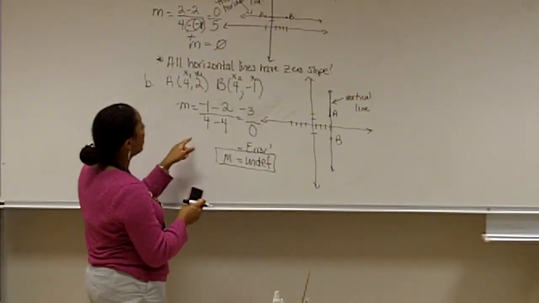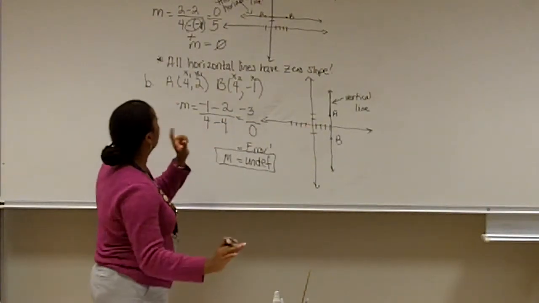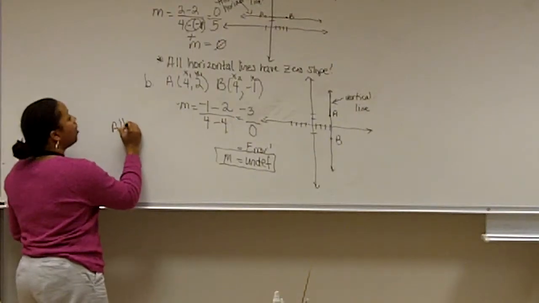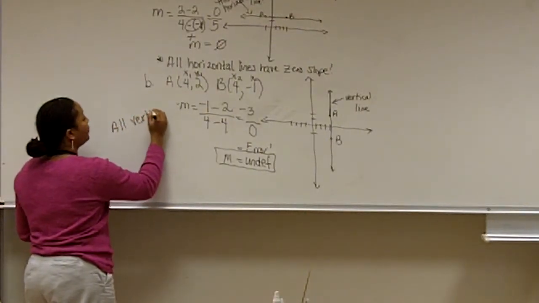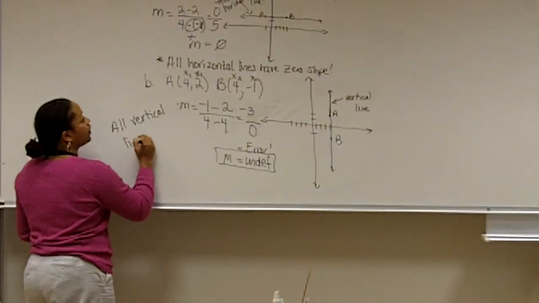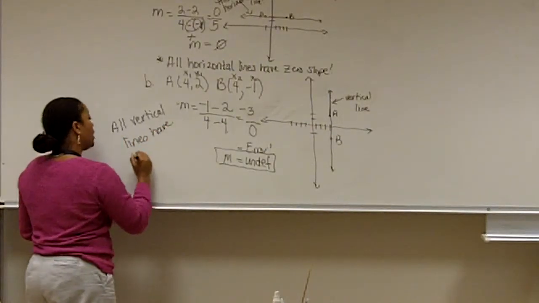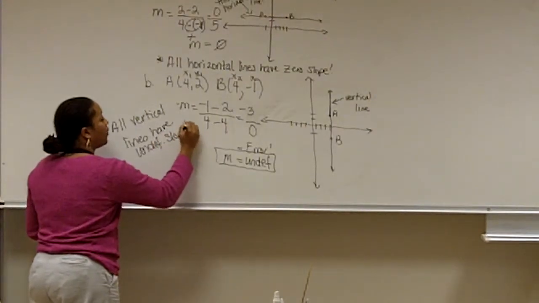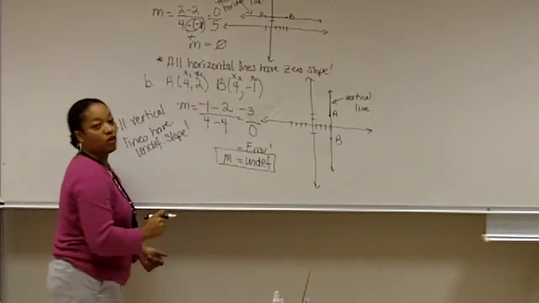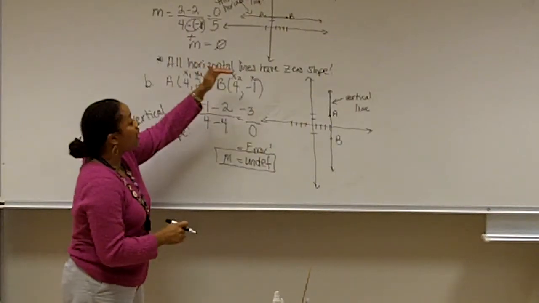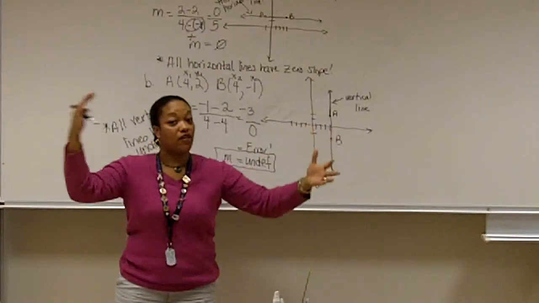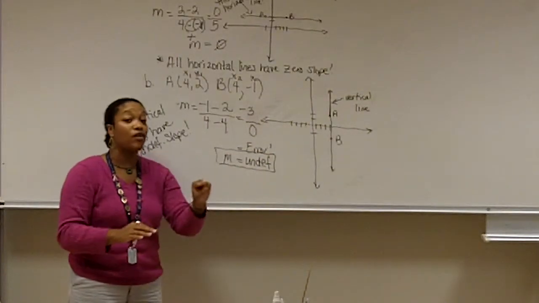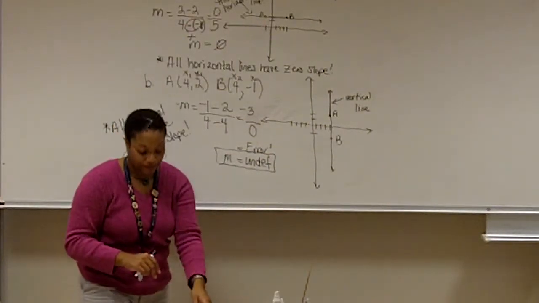So when we're talking about vertical lines, the rule is, and I'll write it right here, all vertical lines have undefined slope. That's what you want to add with example B. So horizontal lines, 0 slope. Got to remember one and the other. Vertical lines, undefined slope. Okay? Got to remember those two special cases.